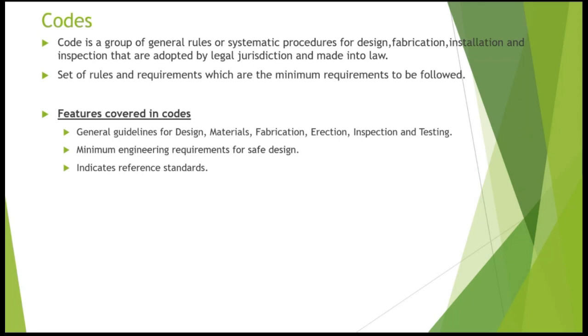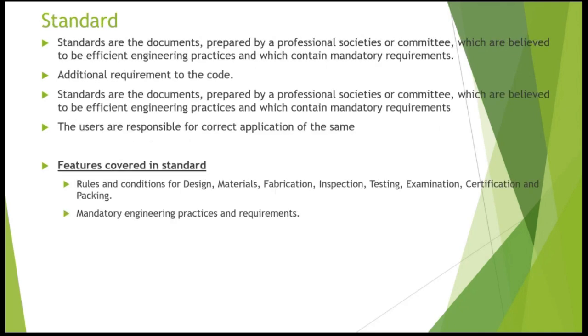Generally, we use this code for the chemical industry. In that code, many different and complicated rules and regulations are given that we have to follow when we prepare a piping material specification. Then we have a standard.